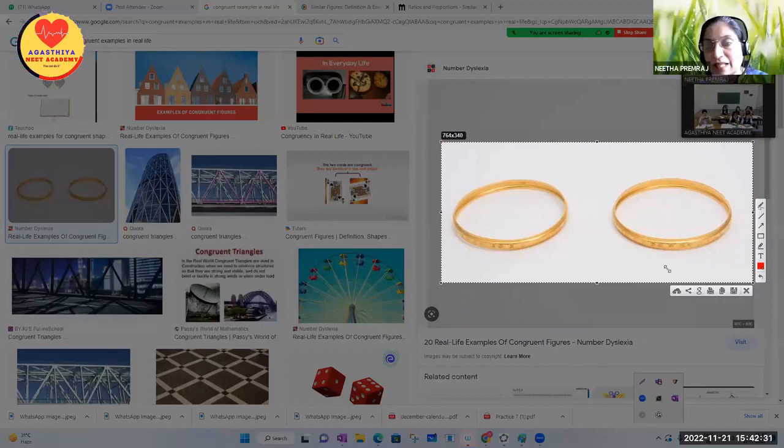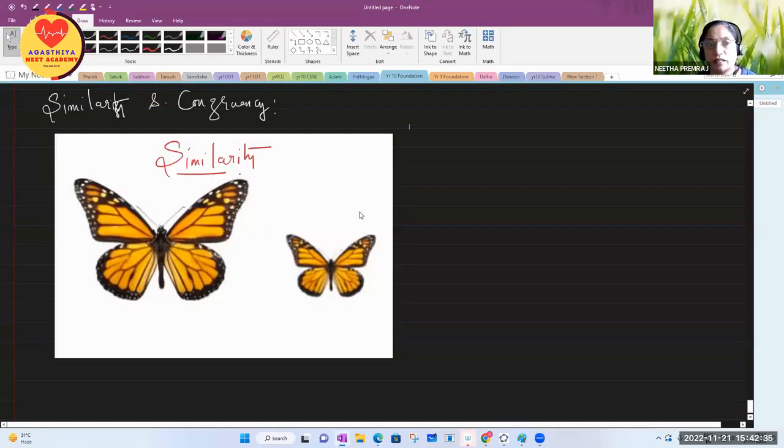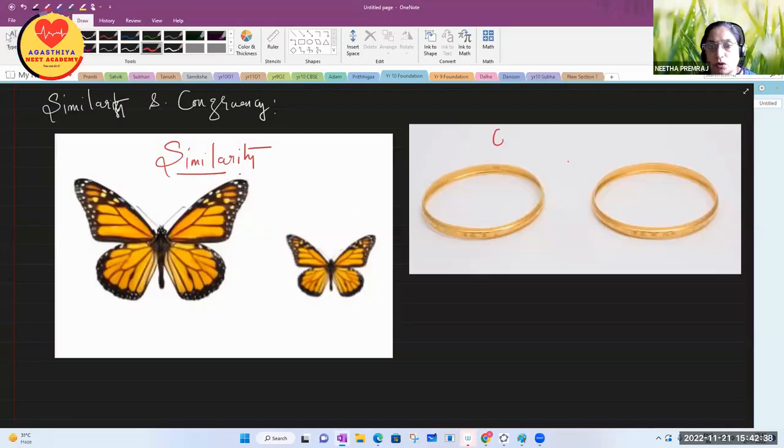So this is an example for congruency. Both the figures look exactly alike. So these kinds of figures are called congruent.